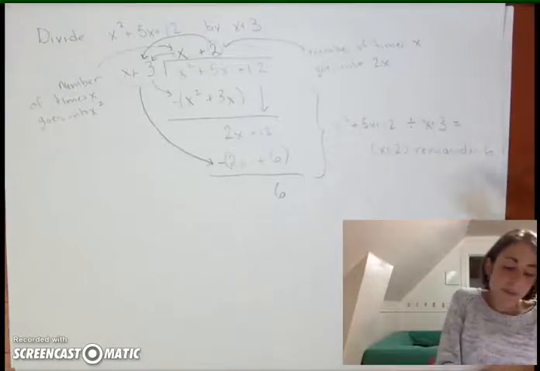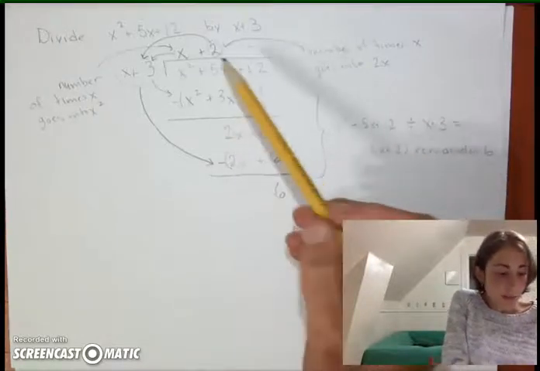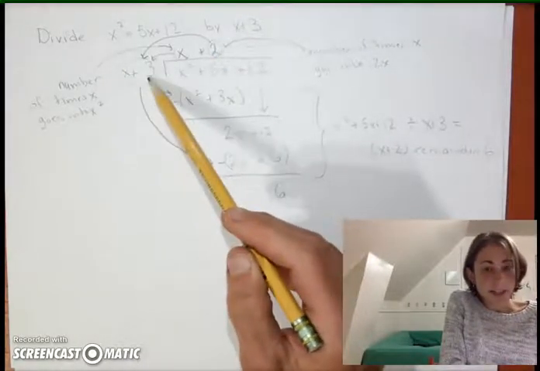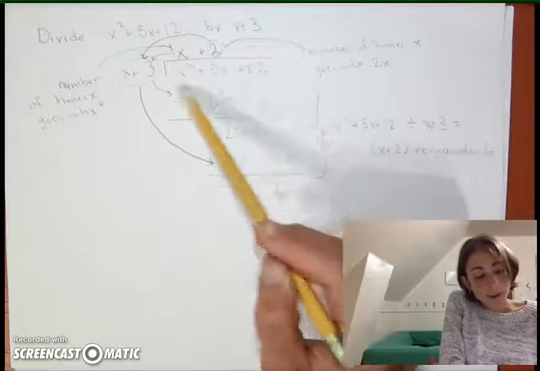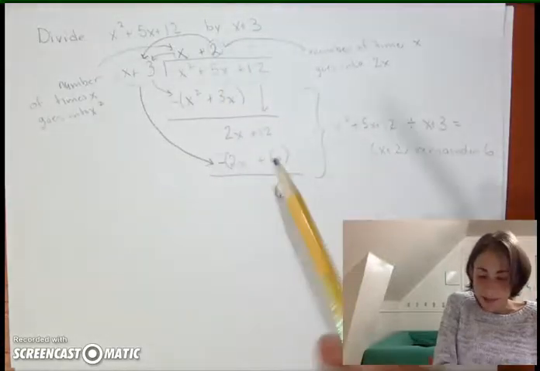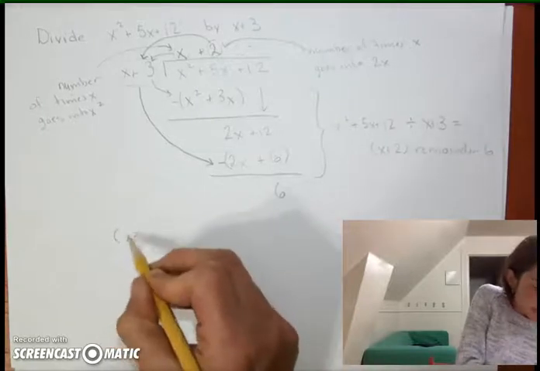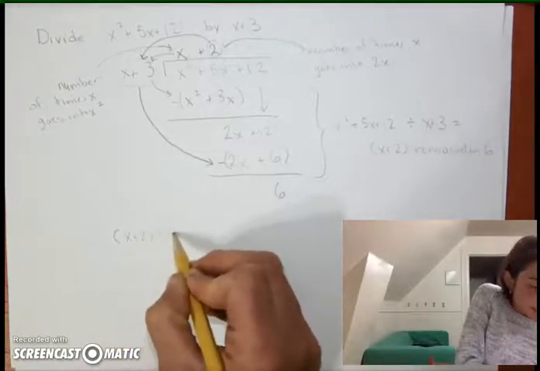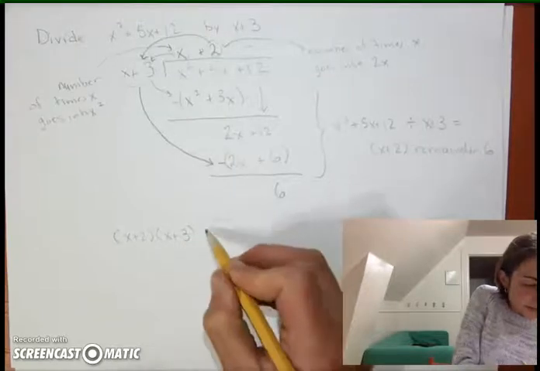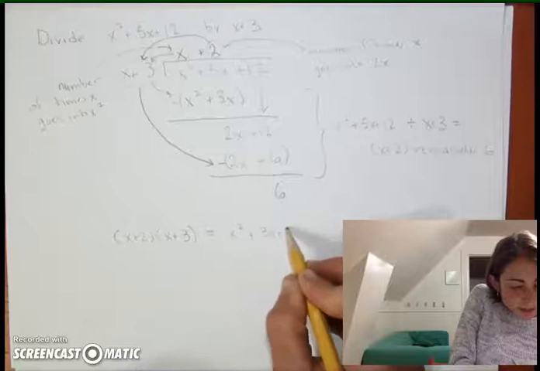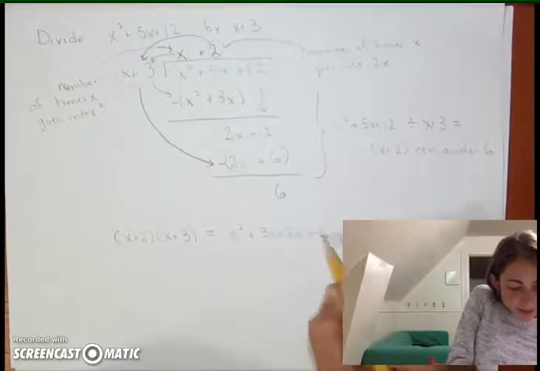If we were to rephrase this, what it says is that x plus 2 times x plus 3 is almost x squared plus 5x plus 12, but we have to add 6. So let's see why that's true. If I do x plus 2 times x plus 3 alone, I get x squared plus 3x plus 2x plus 6 just by FOIL.